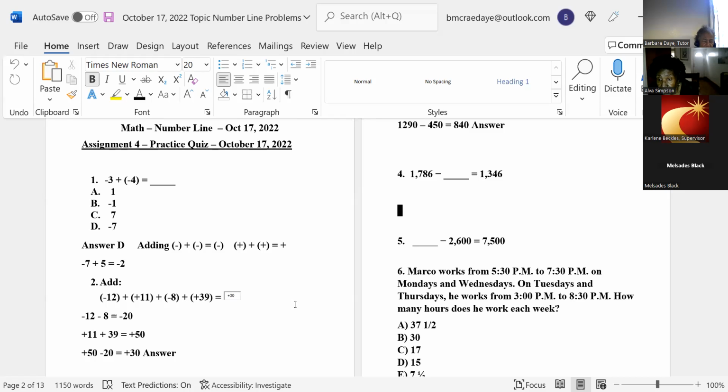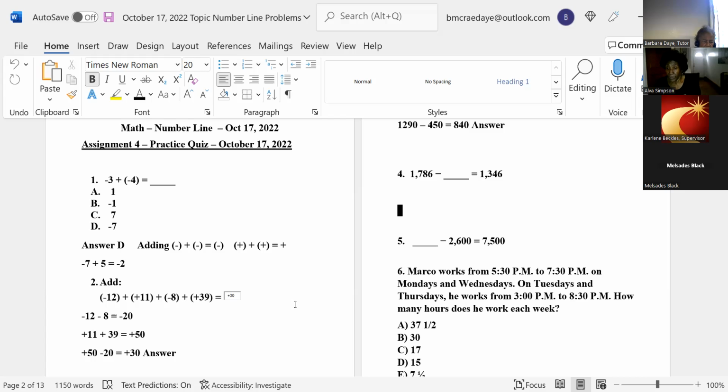Finish the first one, Alba. Negative 12 and a negative 8 gives what? So we have a minus 20. Okay, keep going. Then you have plus 11 and plus 39, equal plus 50.